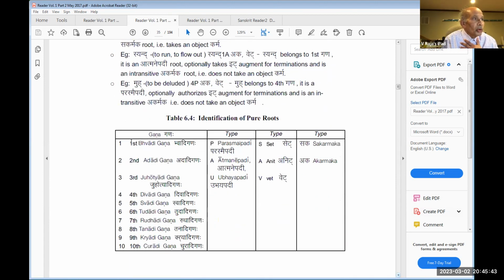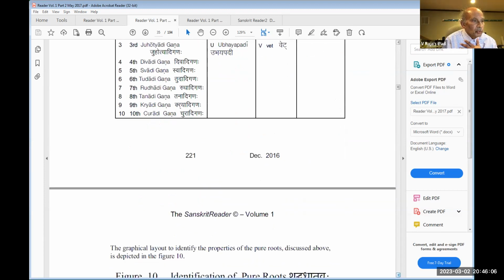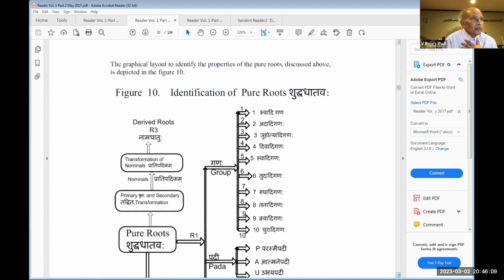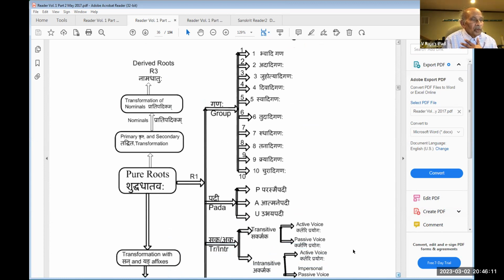And how do you identify a root? Gana, one of the 10 ganas. You say 1, 2, 3, 4, up to 10. You have to identify whether it's parasmaipadi, atmanepadi, or ubhayapadi. Don't worry about that, I'll explain it. Whether it takes an object or doesn't take an object. And if you look through that same thing I gave you in a graphical form, the pure roots, not the derived roots, belong to one of 10 ganas.